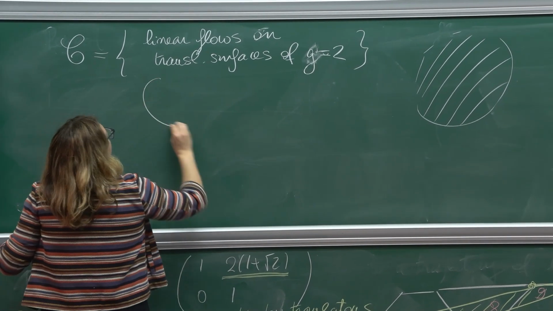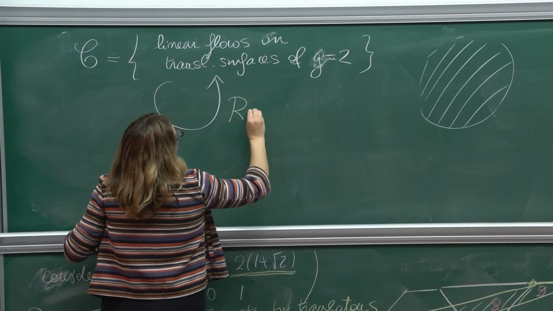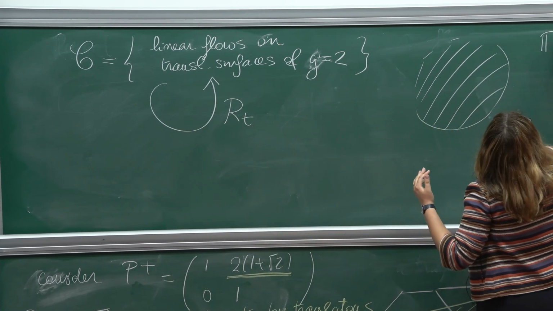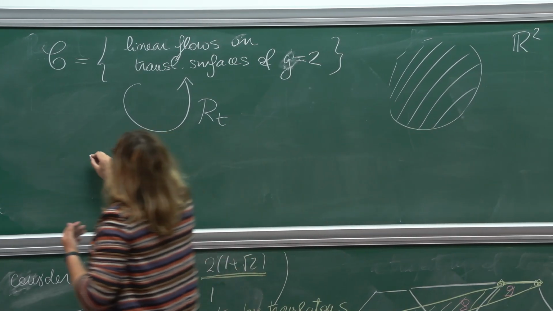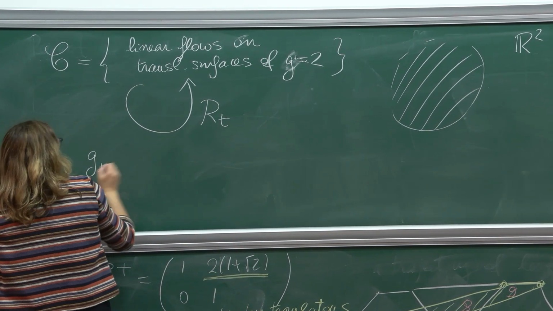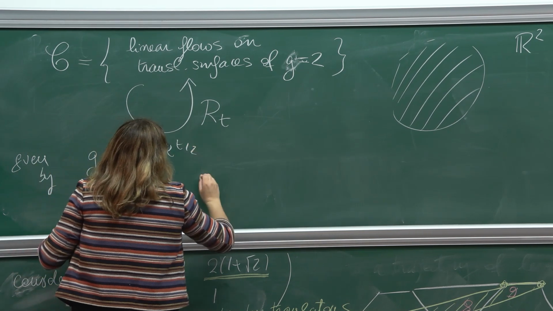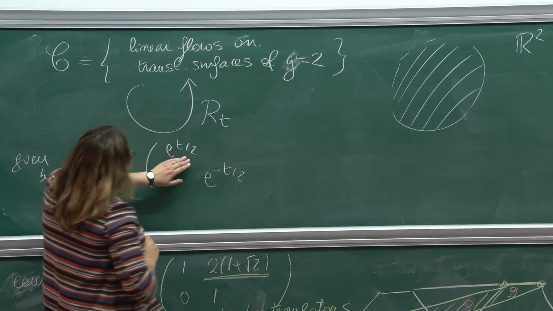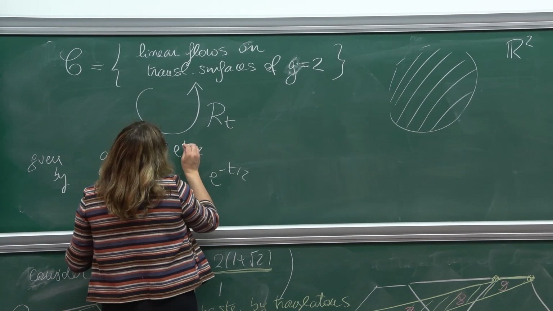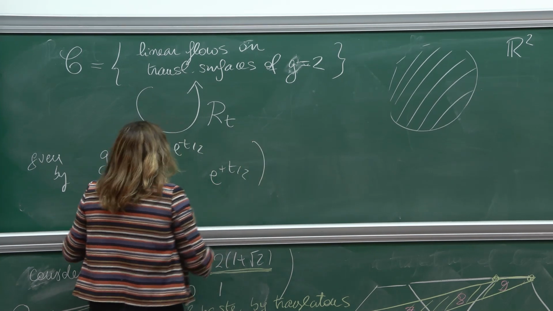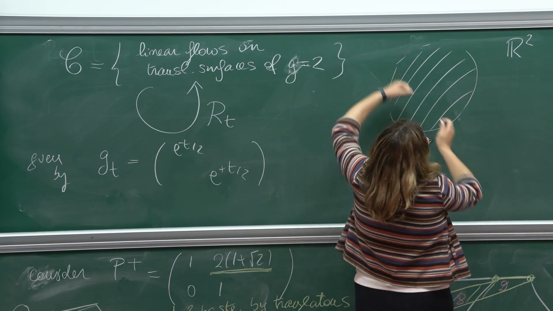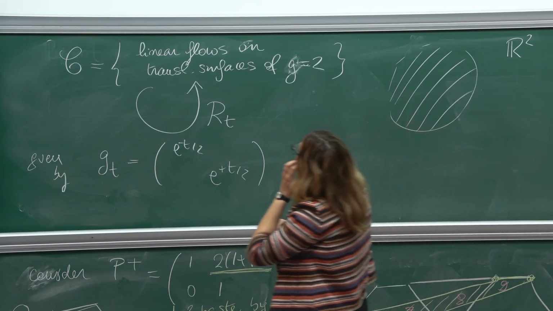And you can consider the following renormalization operator, which in the plane R2 acts by a diagonal matrix, g_t, given by e to the t half, e to the minus t half. So what am I doing? I'm dilating and contracting.